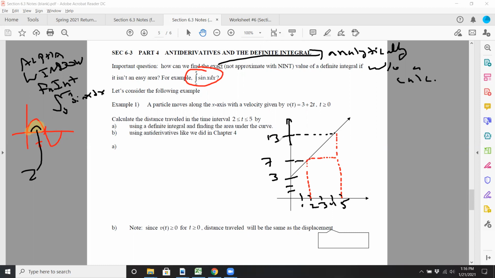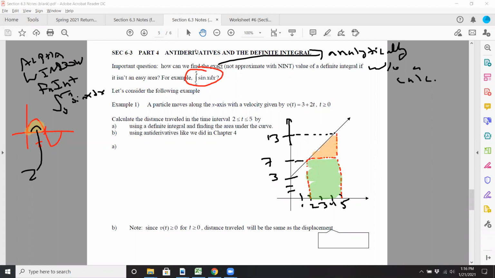So I want to get this area here. We're going to first do this by using a definite integral and find the area under the curve. So let me get some highlighters out here. Maybe I'll highlight one area in green, and another one in orange.